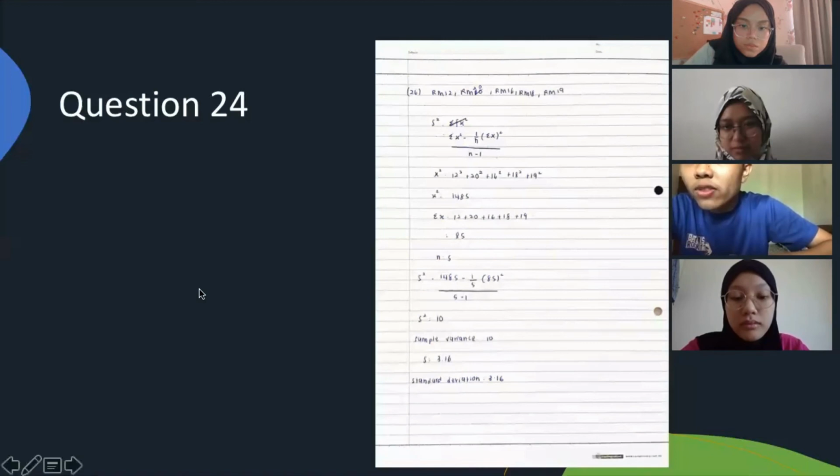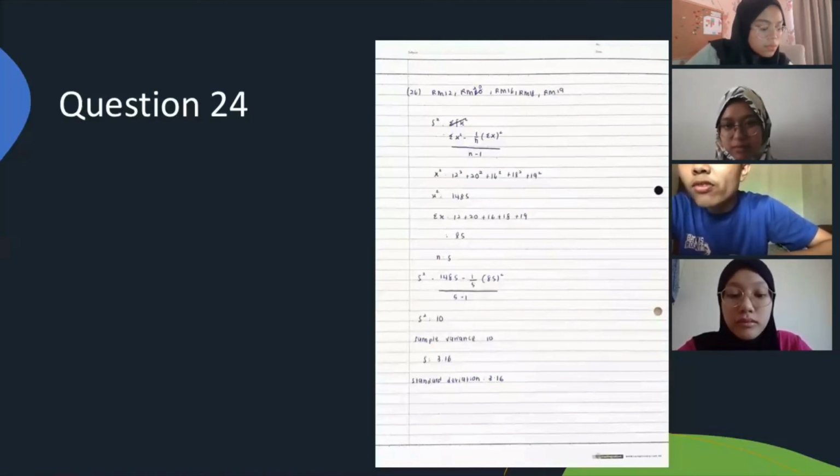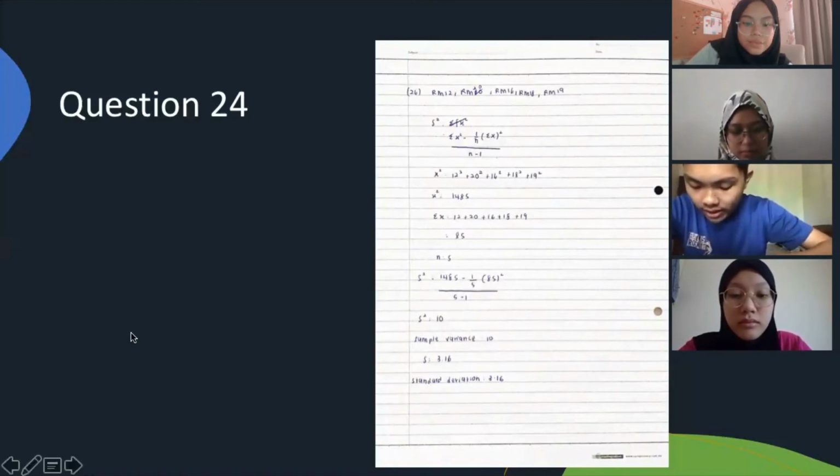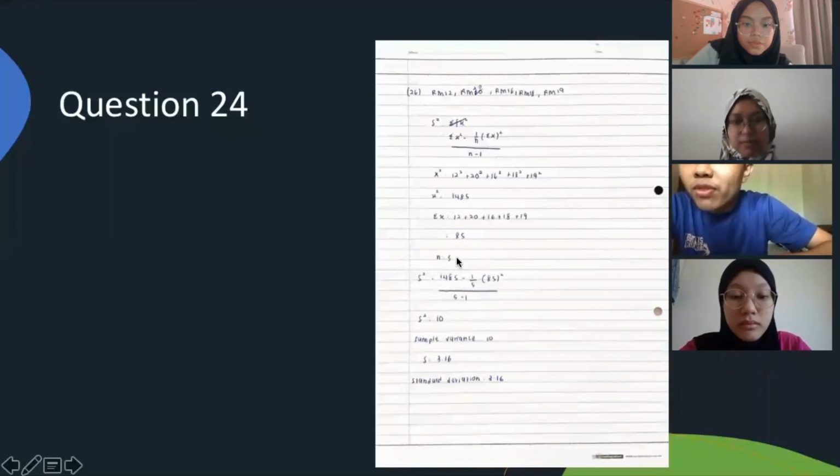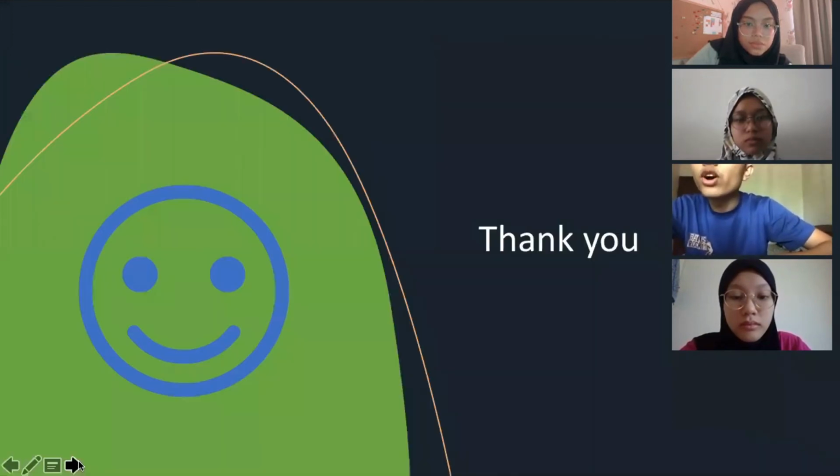Next, the summation of x is 85 and the number of values is 5. We enter the formula and we get the sample variance is 10. The standard deviation is the square root of the sample variance, which is 3.16. So that's all from us.